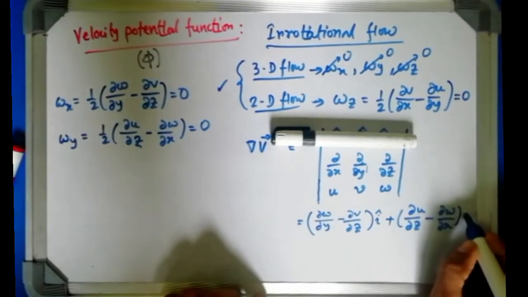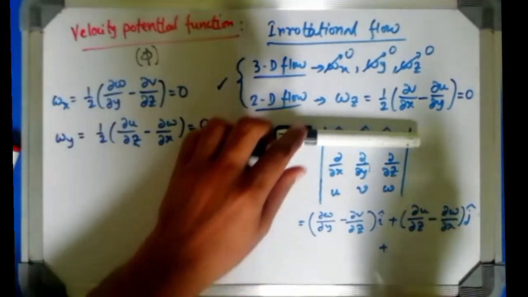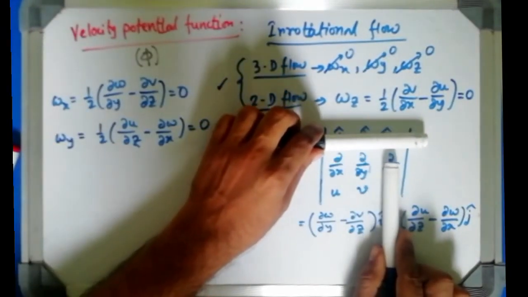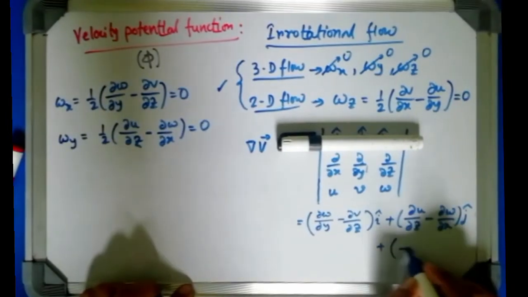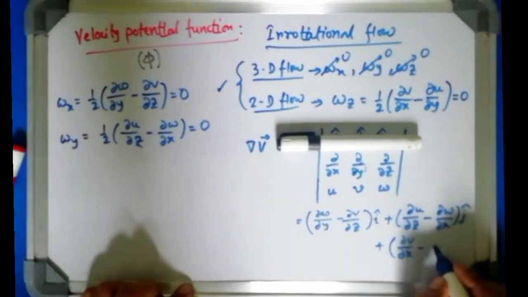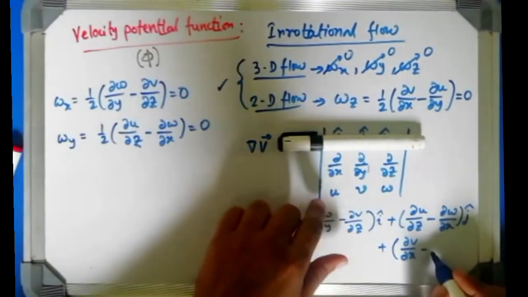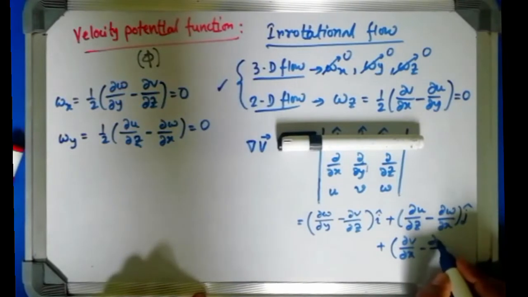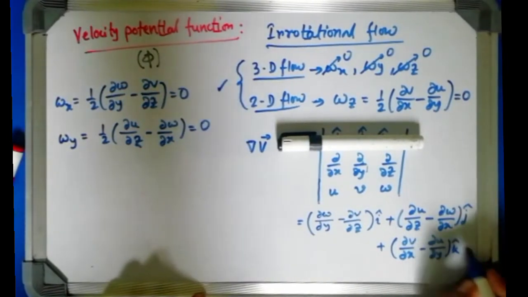In the same fashion, k should be there. Going to the last column, these two parts will be excluded. So del v del x will come first, del v del x minus del u del y. It is the k component.